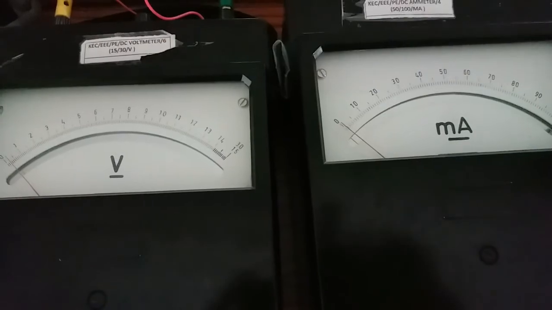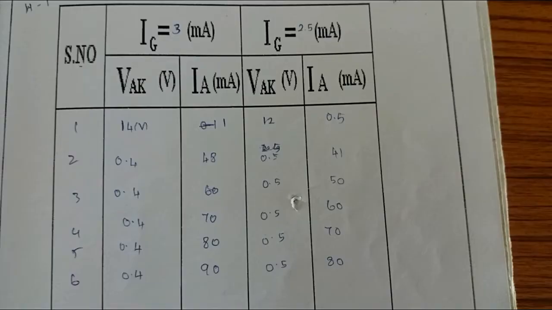From the observation, we came to know that for a fixed gate current, when increasing anode cathode voltage, till a certain voltage level there is no conduction, or otherwise only the leakage current will flow through the anode cathode circuit.